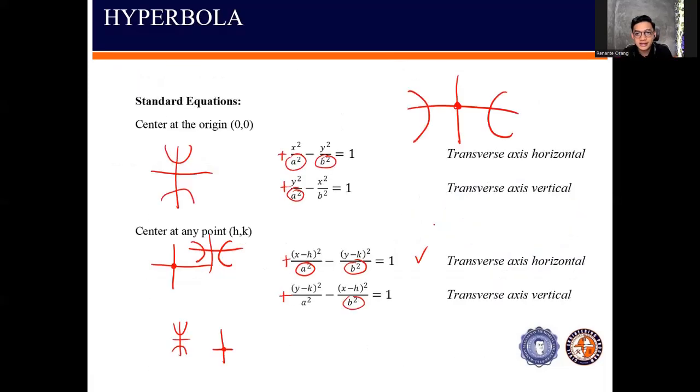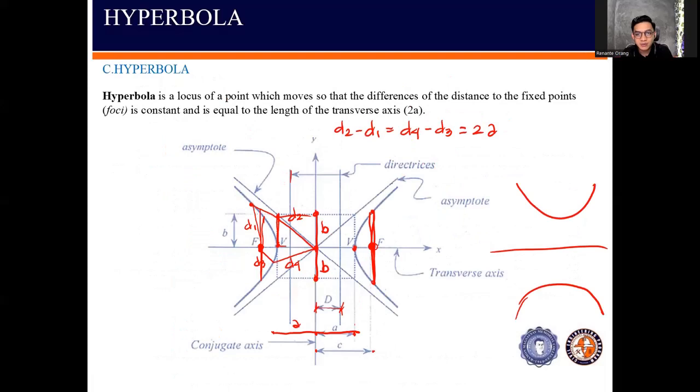So uulitin lang natin sa ating graph, yung asymptote natin is the line which is parang hindi niya natatamaan yung ating hyperbola, and then the relationship is that is yung ating intersection of our a and our b. So dito siya mag-intersect, then i-connect mo lang siya palabas. Same din sa ating other side.